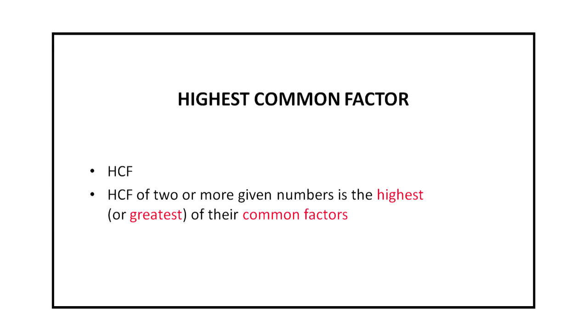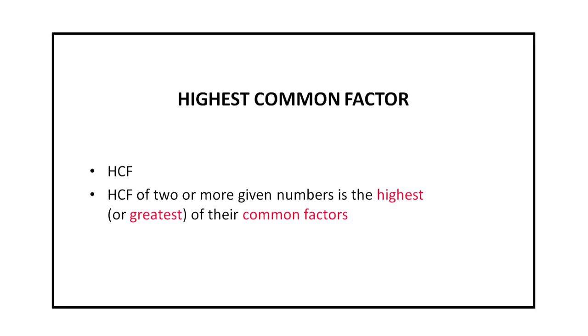Thus, if we are able to determine the common factors of given numbers, the next task is to determine the highest common factor. Here we have two terms prefixed with the word factor: highest and common. Highest common factor in mathematics is abbreviated as HCF.